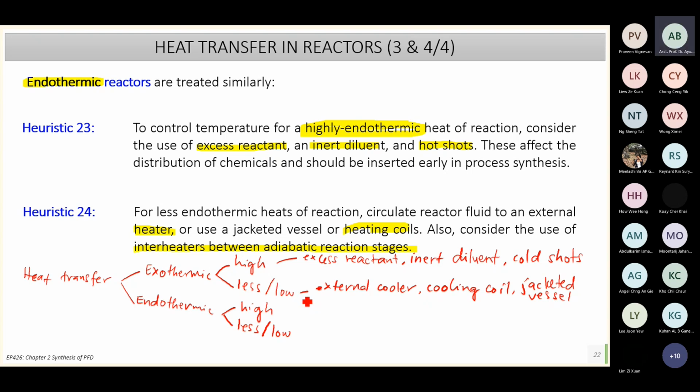And another one is the cooler between stages.